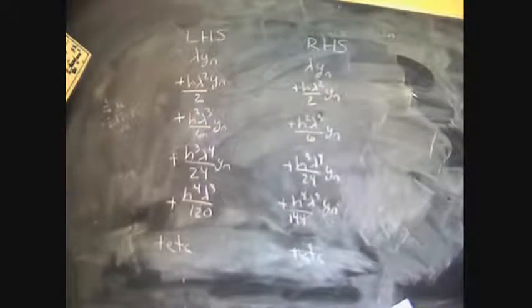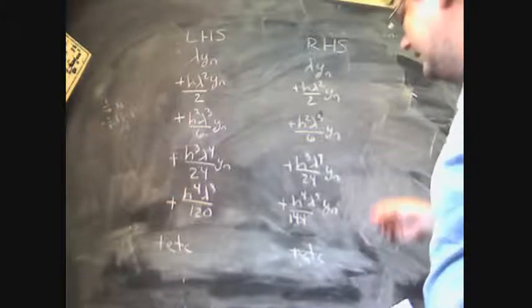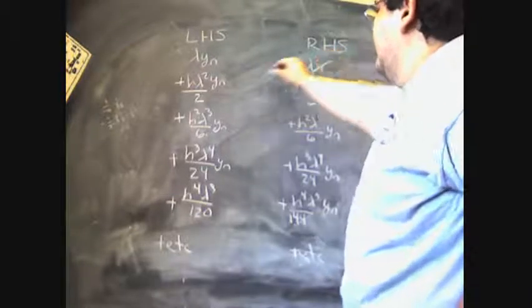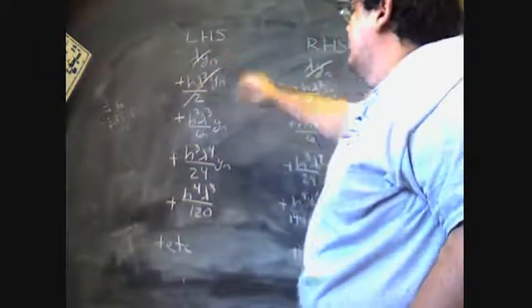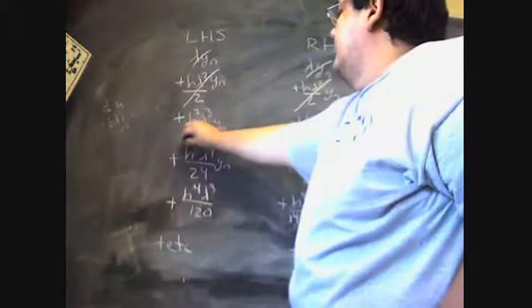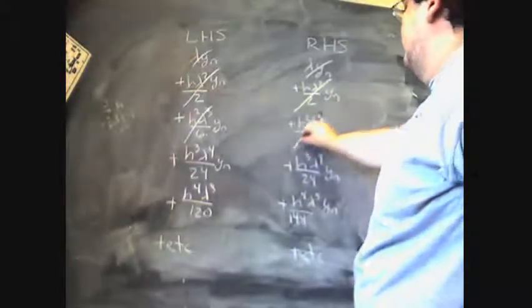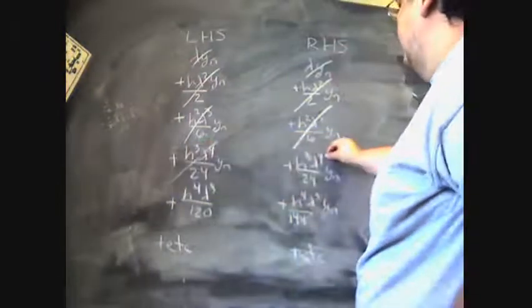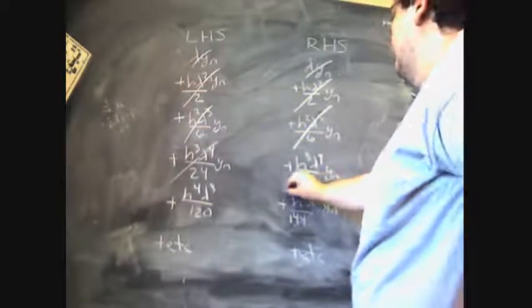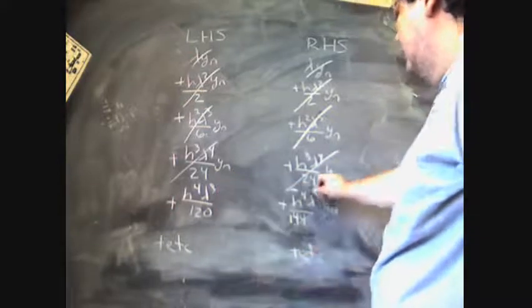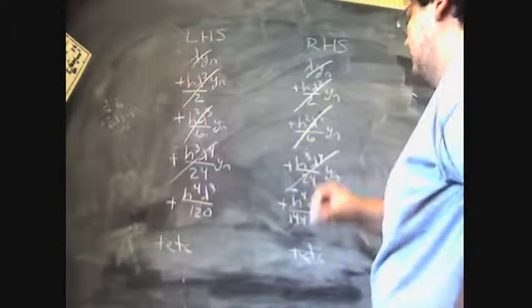Now when comparing our left hand terms and our right hand terms, we see that most everything matches up here. We've got lambda yn on both sides, lambda squared over 2 h on the next part, lambda cubed h squared over 6, lambda to the 4th over 24 h cubed, and then 1 over 120 versus 1 over 144.